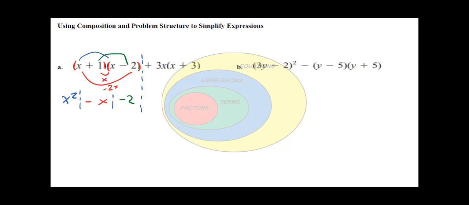So the right side, we notice, is one term times a binomial factor. So we're just going to take this term and distribute the 3x to each of the terms here. So again, as we do that, we're going to create two separate terms.